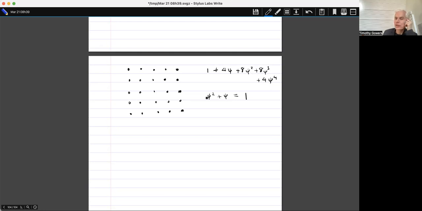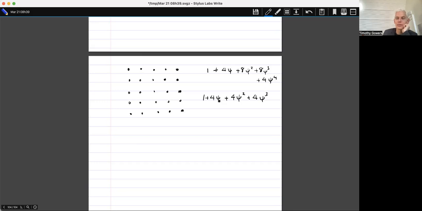Let's simplify in the other direction. So a 4 psi to the fourth plus a 4 psi cubed is a 4 psi squared. So we get 1 plus 4 psi. So I get 4 psi squared, and I have to subtract 4 psi cubed and 4 psi to the fourth.